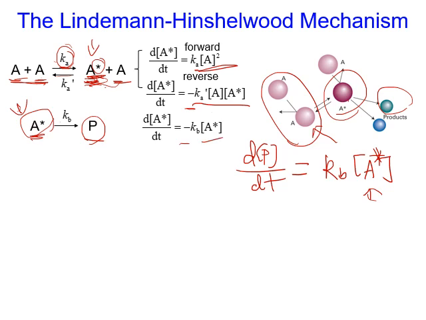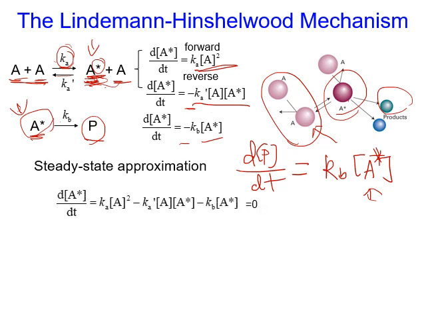So the total reaction rate for the intermediate is you combine these three together: the forward, the reverse, and the second step. The steady state approximation tells us that this rate for the intermediate should be 0. The concentration of the intermediate shouldn't change. So by doing that, we can calculate the intermediate concentration.